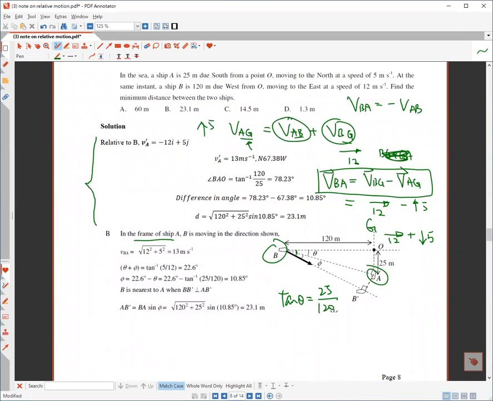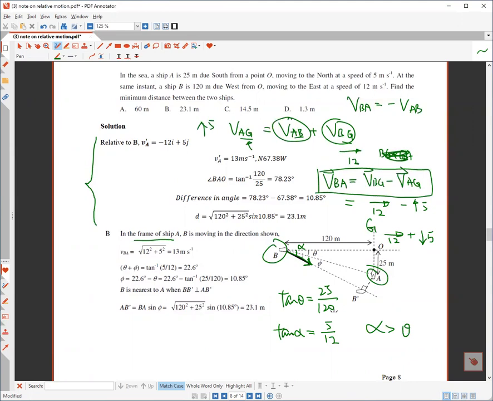And if this angle is alpha, then tangent alpha is 5 over 12, because this is the angle of the relative velocity to the horizontal. Then just calculate the angle to see which one is larger, and then draw the corresponding diagram. In this case, we know that alpha is larger than theta.